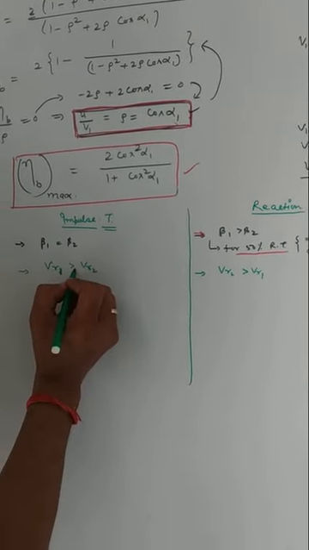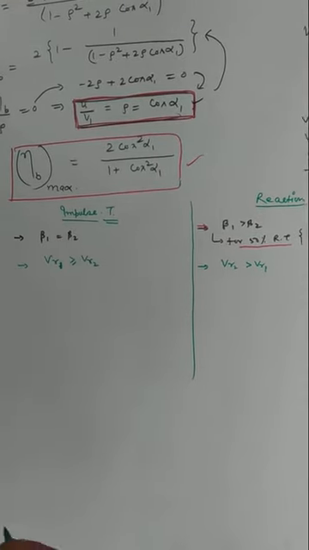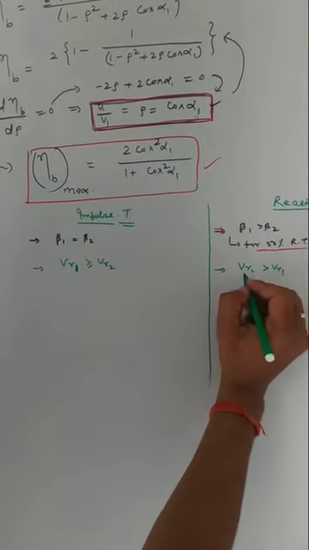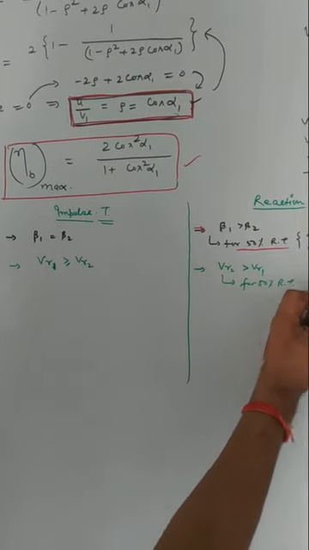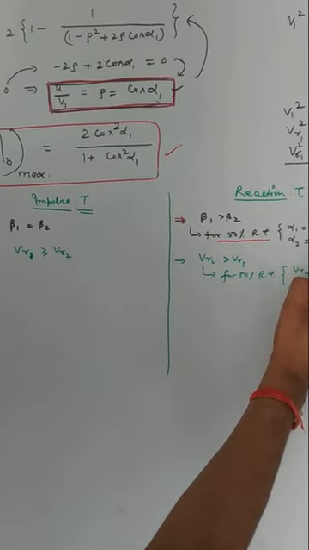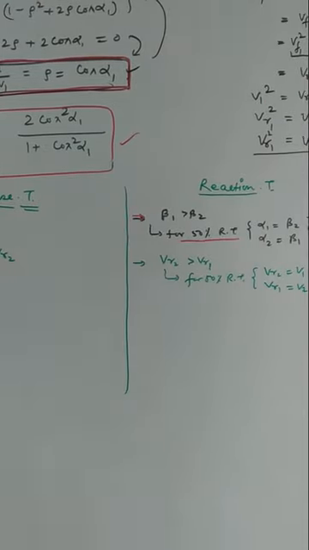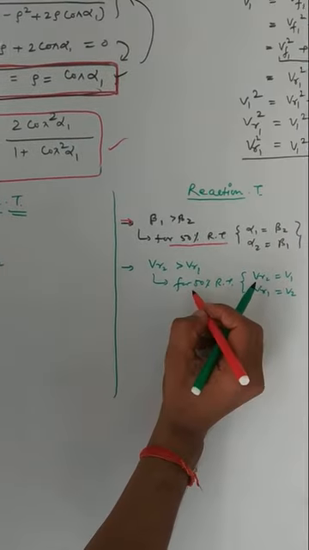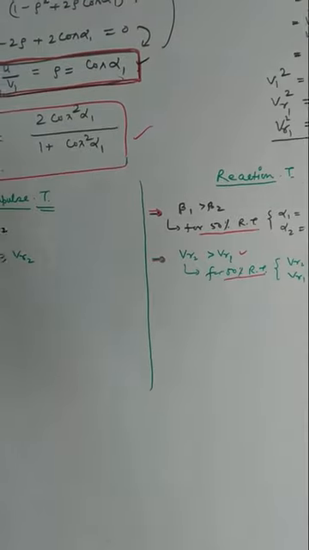Here the equality is also achieved when there is no friction. And in the reaction turbine case, VR2 is greater than VR1. In this case there is a drop in the moving blade also, that's why the relative velocity at the outlet is greater than the relative velocity at the inlet. For 50% reaction turbine, there is a relation in velocities as VR2 is equal to V1 and VR1 is equal to V2. Again this is only for 50% reaction turbine, or in general this relation holds good.